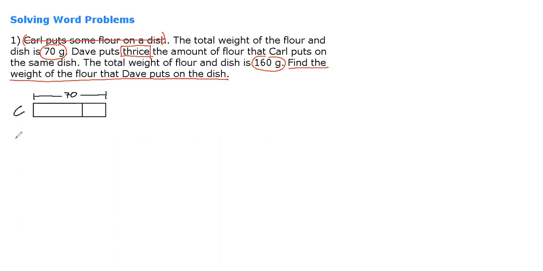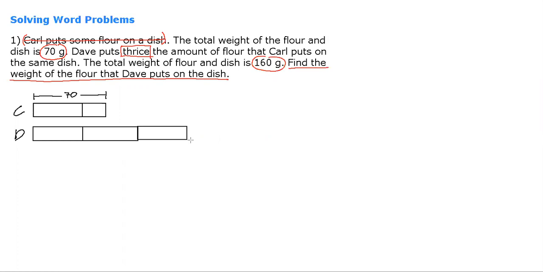Now for Dave, thrice the amount, meaning 3 times. 3 blocks to represent the amount of flour that Carl puts on the same dish. What do you mean by the same dish? It must be the same bar or same container when it comes to representing the dish.